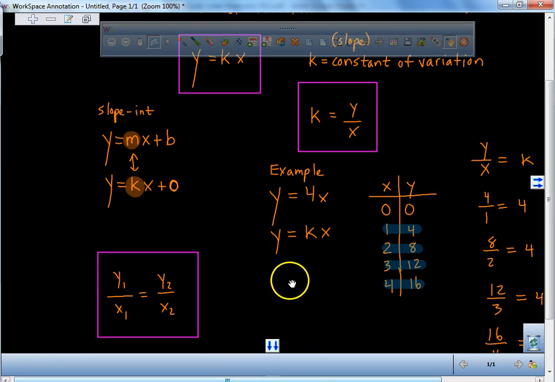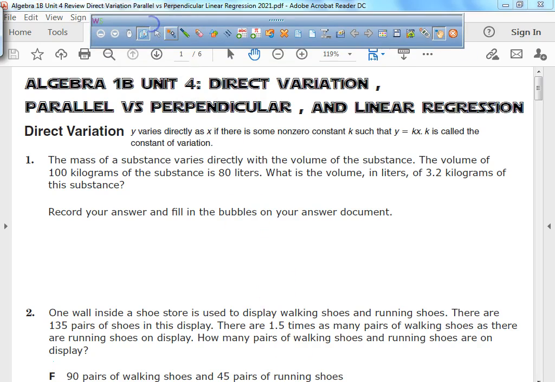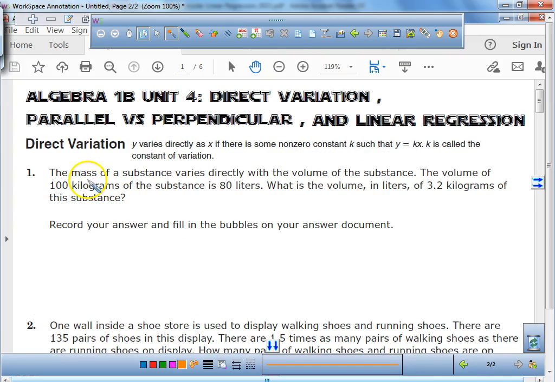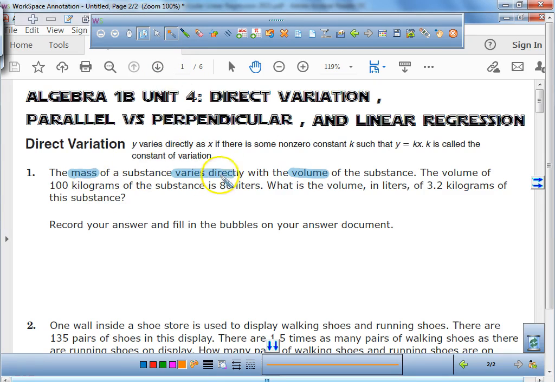So now that you have those written down, we're going to take a look at the first problem. So here we go. It says the mass of a substance varies directly with the volume. Could you underline mass varies directly with volume? When I say mass varies directly with volume, put m over v.